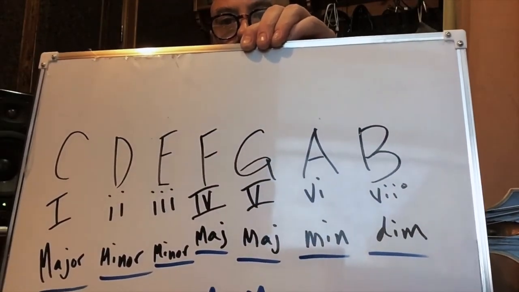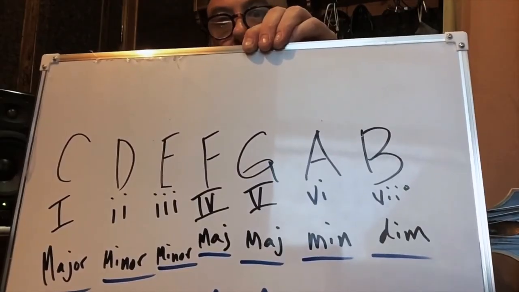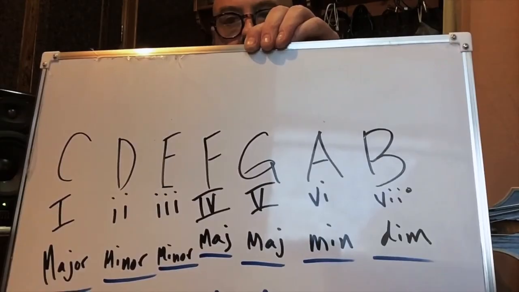In the key of C, we can play a C major chord, a D minor chord, an E minor chord, etc. Committing everything to memory is probably one of the most important things you can do here. Just like in mathematics, you don't need to necessarily know how the equation came about to plug in the numbers to get your ultimate answer.